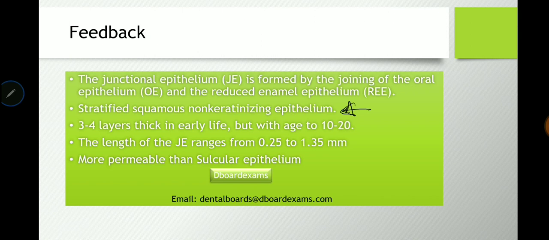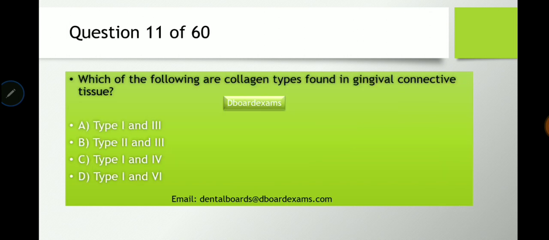The length of the junctional epithelium ranges from, keep that in mind, 0.25 to 1.35 millimeters. It is more permeable than the circular epithelium. So keep that in mind. Review the junctional epithelium.